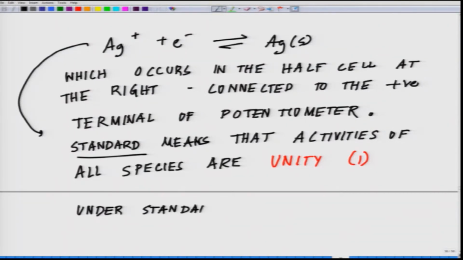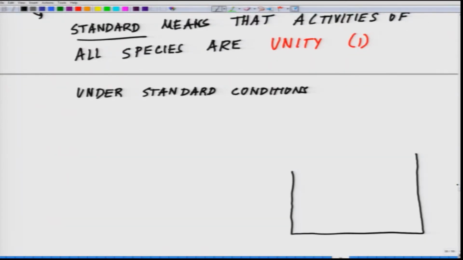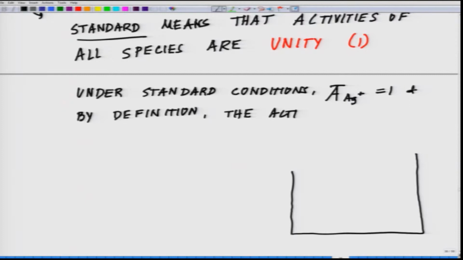Under standard conditions, the activity of Ag plus is equal to 1, and by definition the activity of Ag solid is also unity.